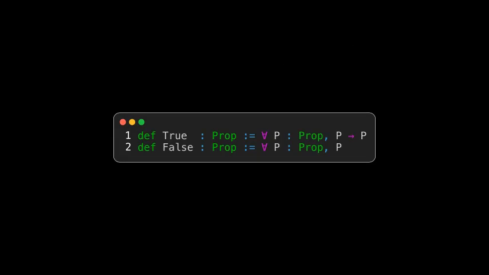Without impredicativity, these one-line definitions of True and False would not type check. They both quantify over all propositions, and the result has to itself be a proposition. Prop is the one floor in the tower where this is allowed. Everywhere else, the predicative rule applies.